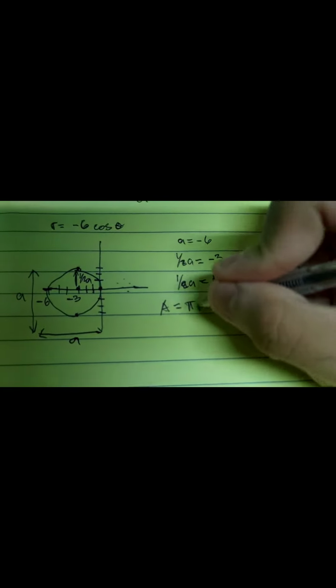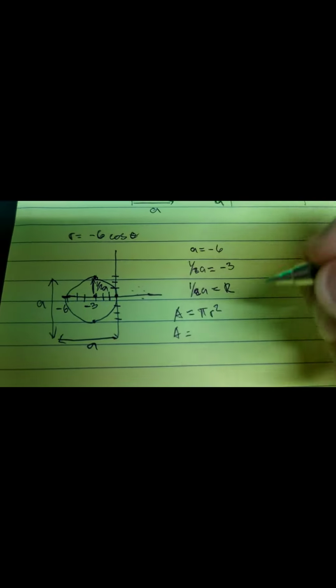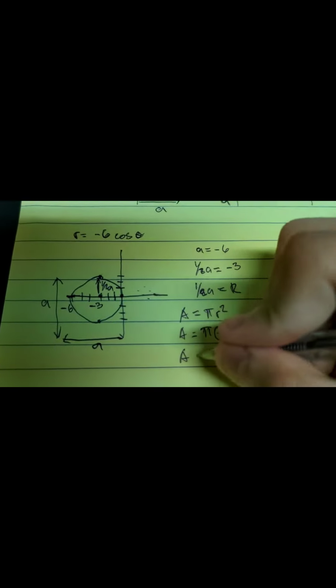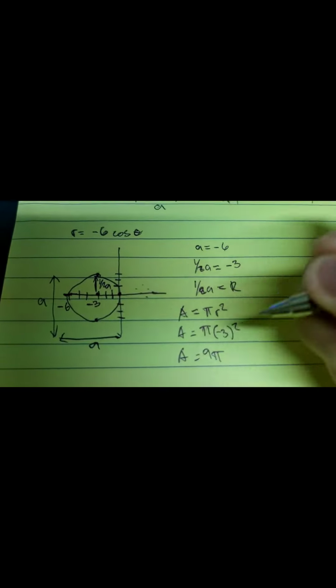When you're trying to find the area using the radius, we have this formula: area equals pi r squared. Here r is basically negative 3, so we have pi times -3 squared, which is simply 9 pi.